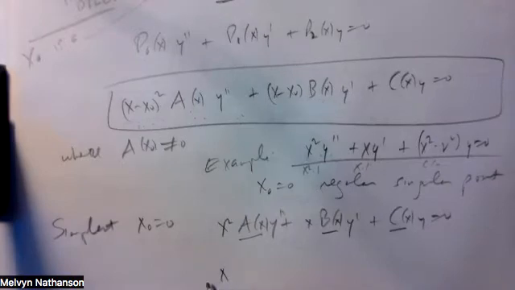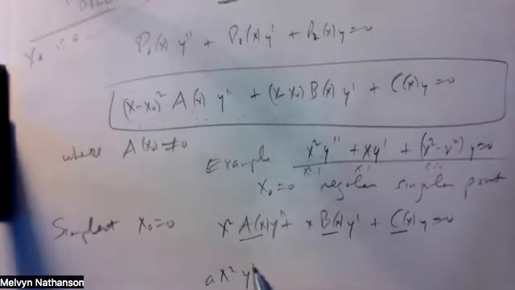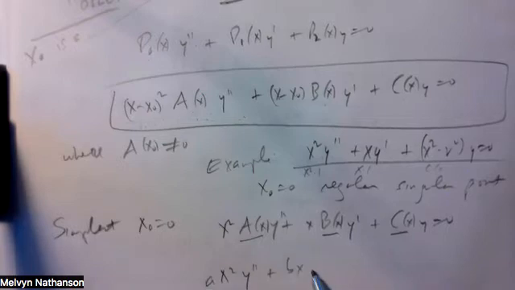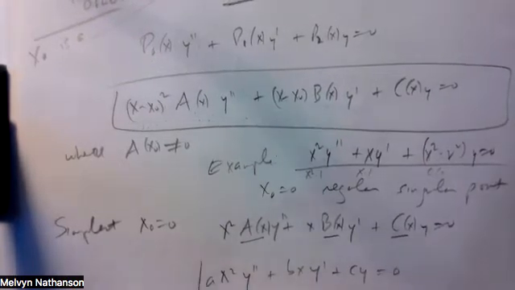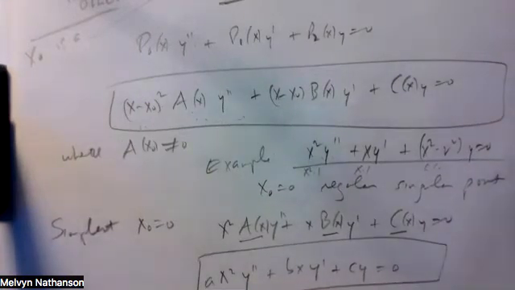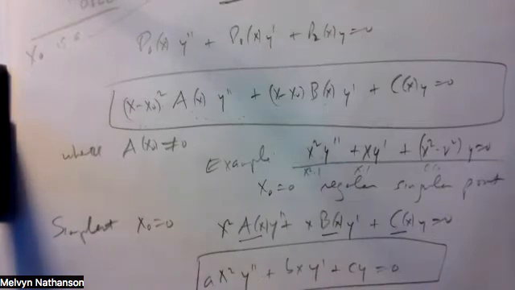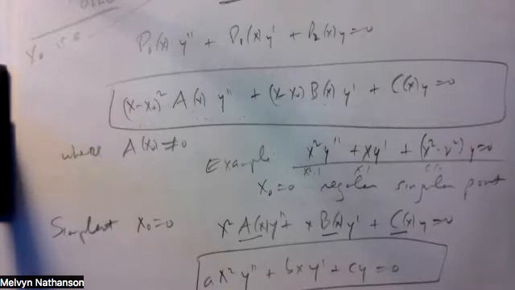So a x squared y double prime plus b x y prime plus c y equals 0. This is what is called an Euler equation, and what we're going to do today is learn how to solve all Euler equations.